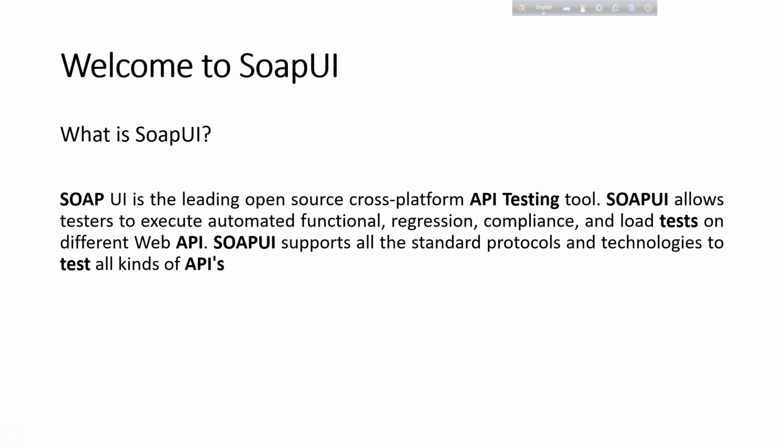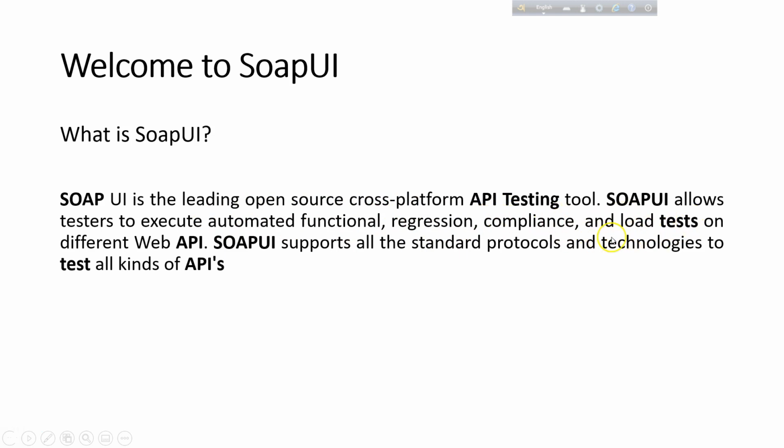So what is SoapUI? SoapUI is the leading open source cross-platform API testing tool. SoapUI allows testers to execute automated functional, regression, compliance, and load tests on different web APIs. Mostly, it's our duty to check the functional testing, sometimes regression, but we don't test compliance and load.